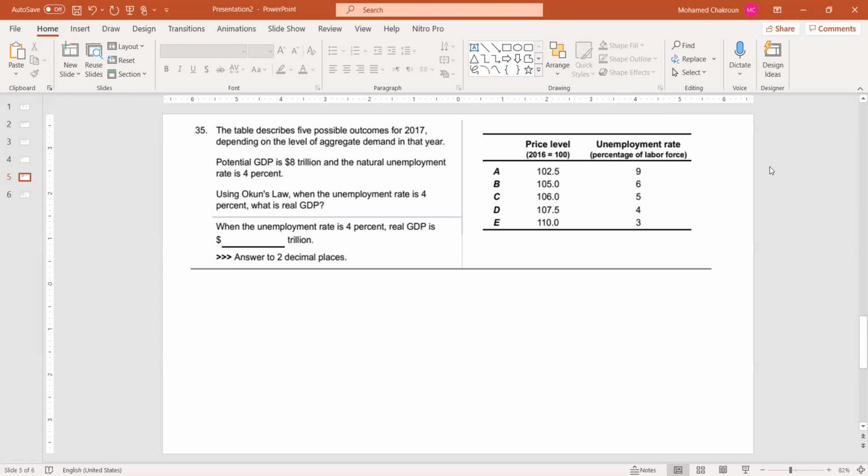And here, in order to answer the question, you need first to know what the Okun law is. You can check from your slides the chapter about the trade-off between inflation and unemployment, the policy trade-off, the last chapter.